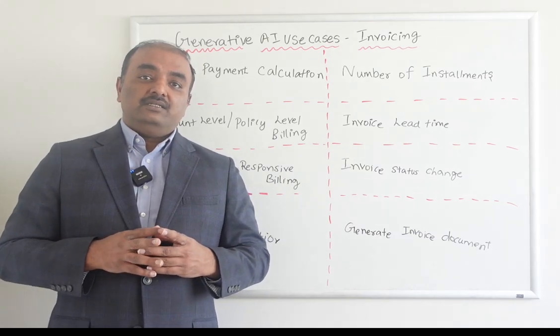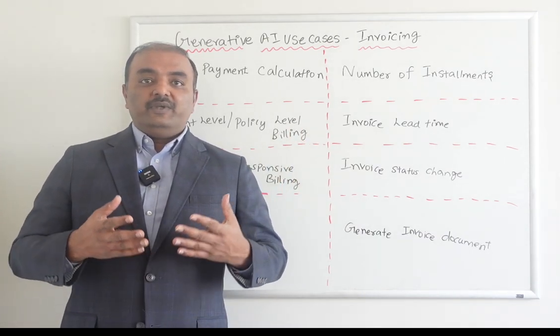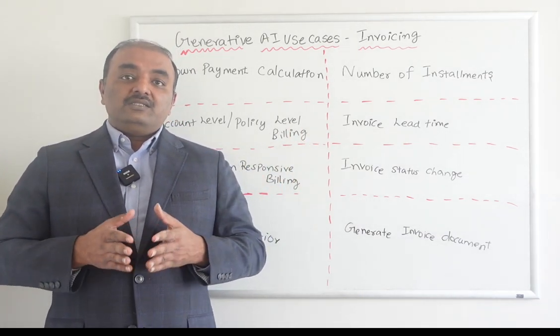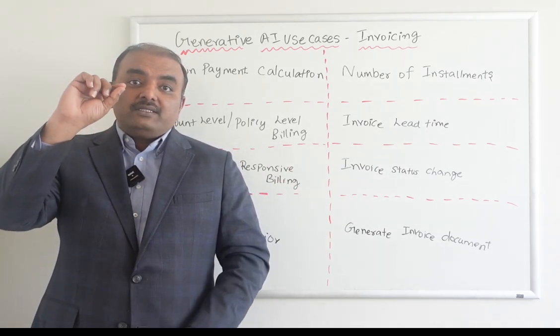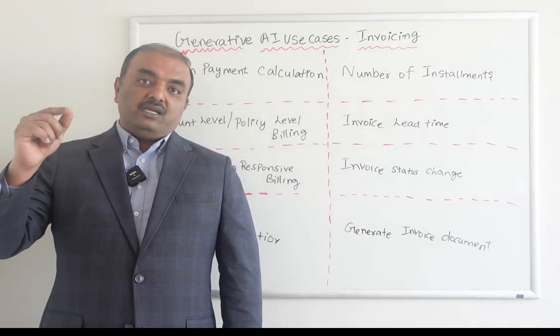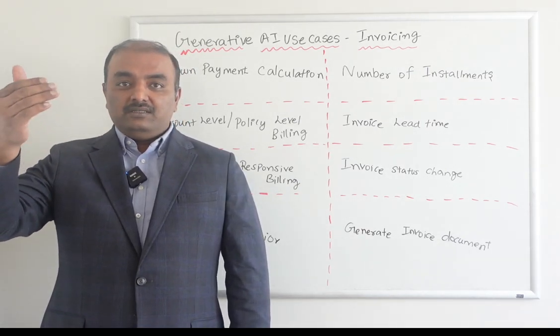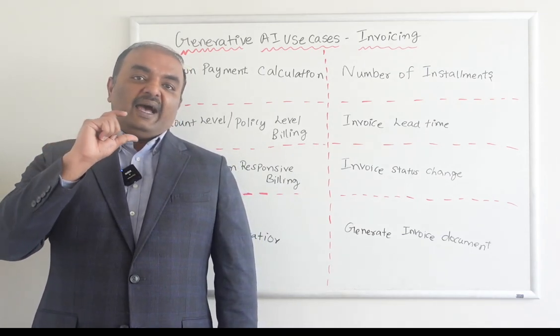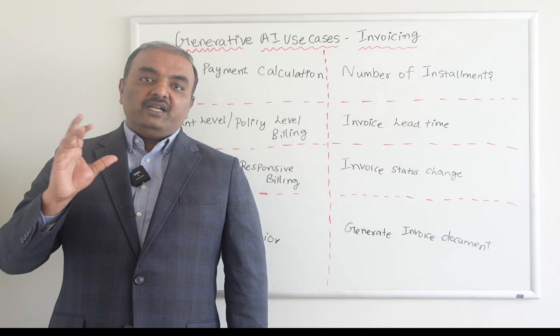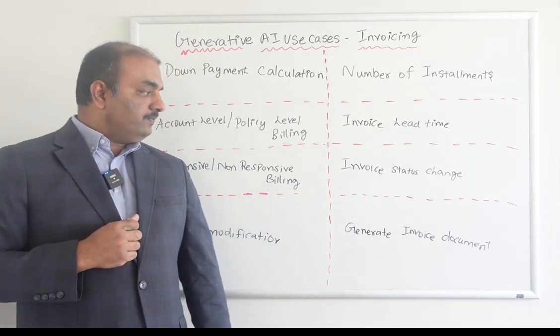It doesn't make sense to send, like in commercial lines, a 30K, 20K premium. So let's break this invoice into multiple invoices, or modify the invoice amount. If the invoice amount is 20K, let's make it $5,000 and split it across. Those modifications can be done automatically by looking at past historical data and determining the future happening.